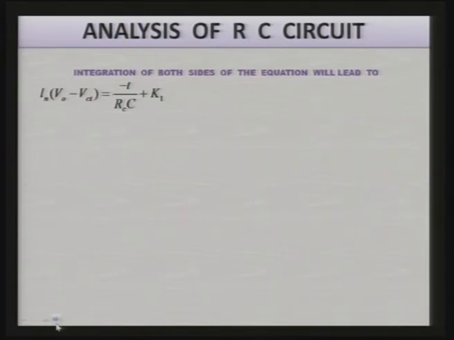Integration of both sides of this equation will lead to ln, that is the natural logarithm, of (V_0 - V_c(t)) equal to minus t over R_c C plus k_1, where k_1 is the constant of integration. We integrated the earlier equation given in the earlier slide.